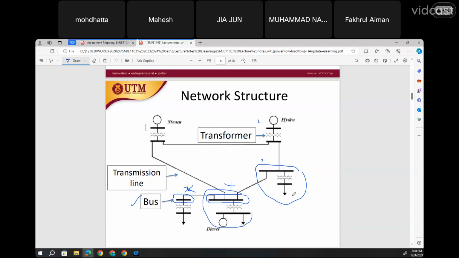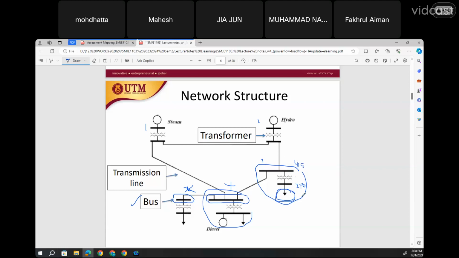And the final load may be coming from here, maybe from the substation at 415, you remember that 415 is 3 phase, and reduced into 240 for the single phase. And finally, this is the final load connected to this particular bus.